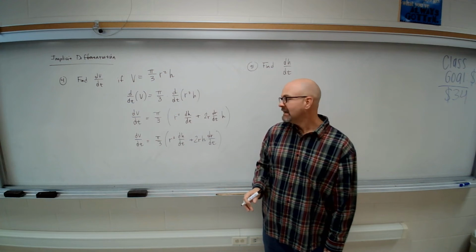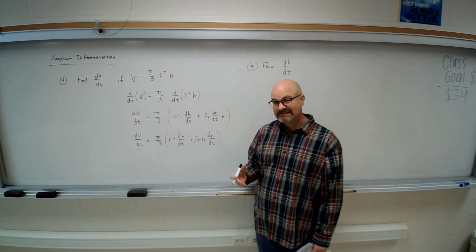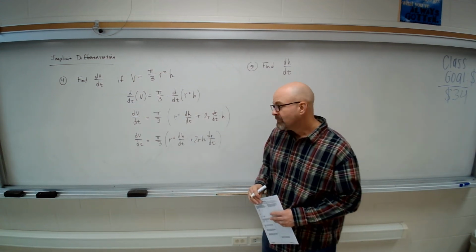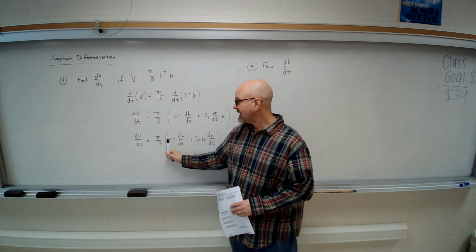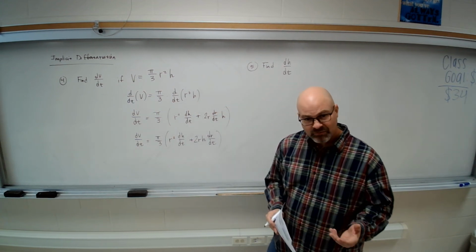There's a bunch of ways to do it. You could distribute pi over 3, but I don't think that's a good idea. It seems like a lot of work. So this is a multiple, and I'm going to multiply both sides by its reciprocal.